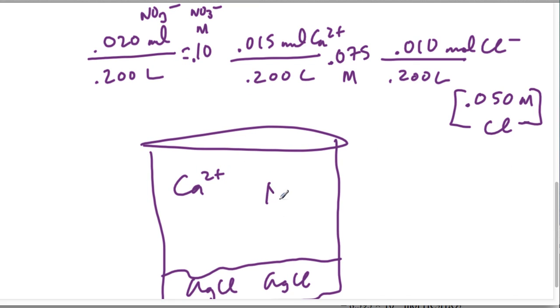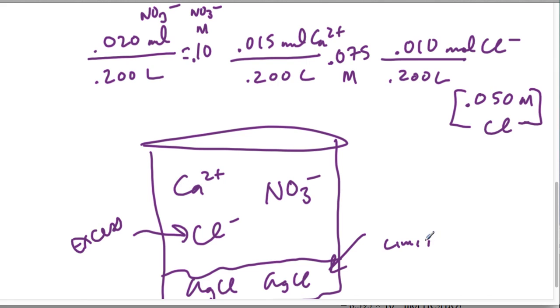You would also have nitrate floating around, NO3 minus, but you would also have Cl minus. Cl minus was the excess, has to be shown above. There would be no Ag because it's the limiting reactant, so it's all going to be down there. NO3 minus is a spectator ion, and so is Ca2 plus. So that's the visual example.